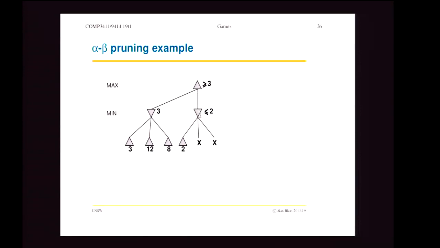But if I make this choice, I can be forced to accept only $2. Maybe it's even worse. Maybe I might be forced to accept even less, but I'm not going to get any more than $2. So I already have enough information to know that this is not going to be chosen. So I don't need to know these 2 nodes. So this is the intuition behind alpha-beta pruning.